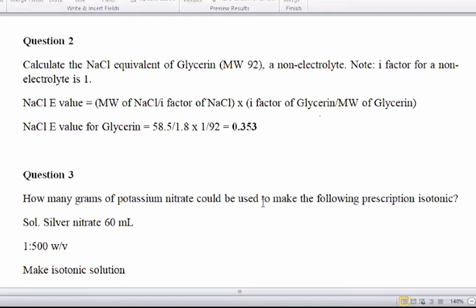We move on to example number 3. The reason for example number 3 is that sometimes certain questions may use what we call incompatible substances. You know what it means when something is incompatible? If you're trying to dissolve sodium chloride in silver nitrate, you find that sodium chloride does not actually dissolve in silver nitrate.